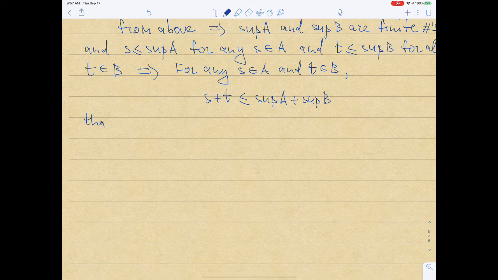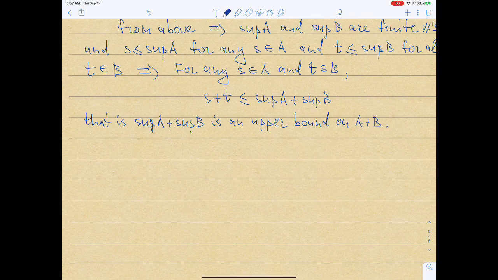So that is, sup A plus sup B is an upper bound on A plus B. All right, so I show that it's an upper bound. I also want to show that it's a least upper bound.